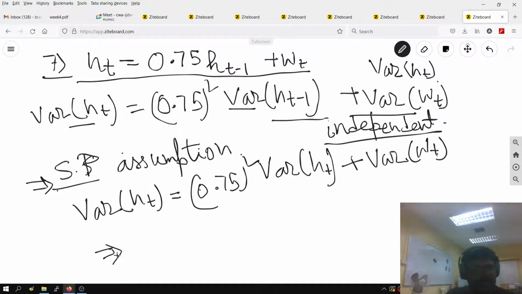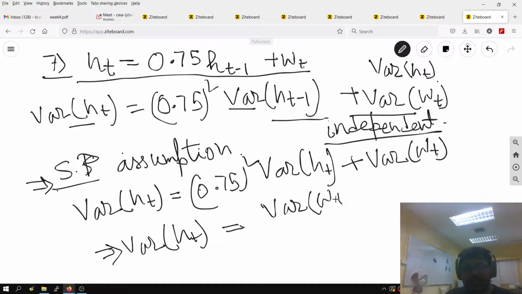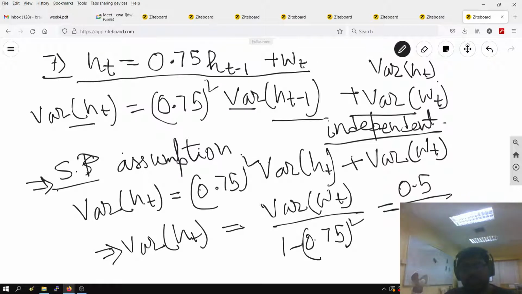So what will be the variance of h t? Variance of w t divided by 1 minus 0.75 square, that is 0.5 by 1 minus 0.75 square, which is 1.1429.